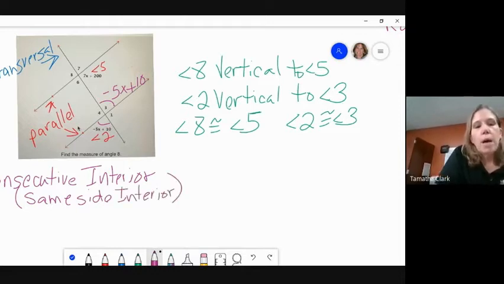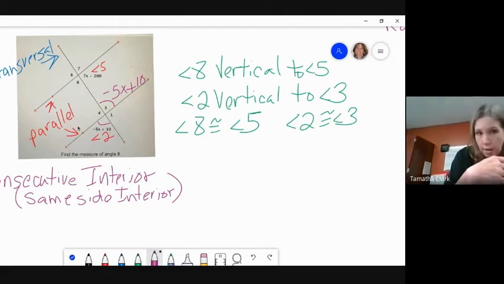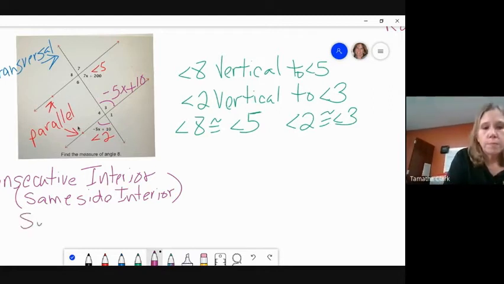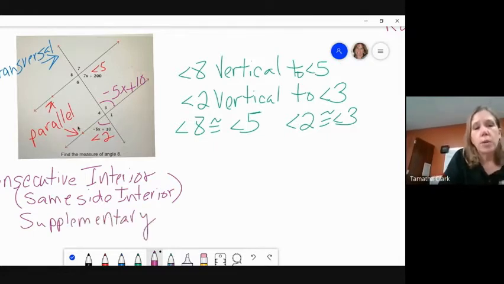What we know about consecutive interior angles of parallel lines is that they are supplementary. And the key is that we have to have the parallel lines cut by a transversal in order for this to be true.